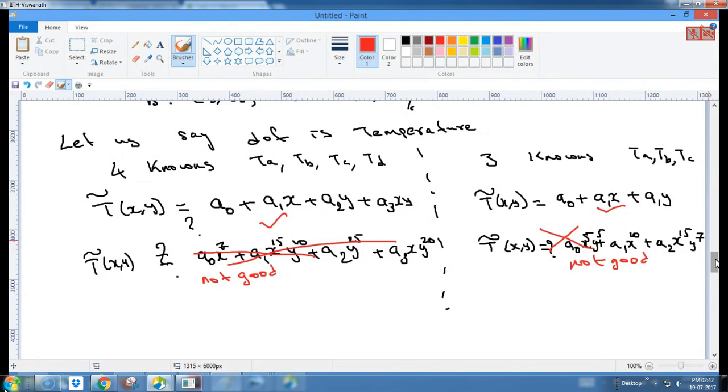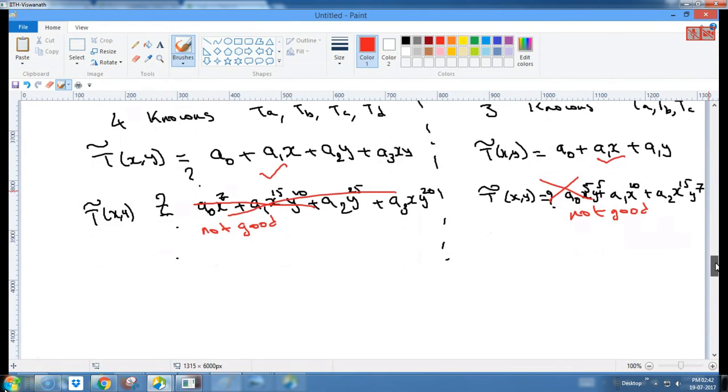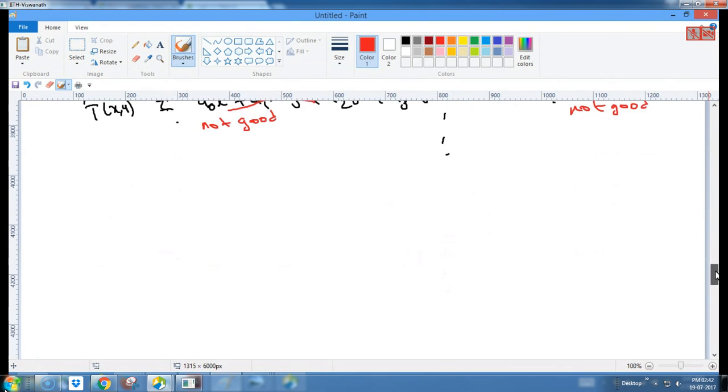To make such a polynomial approximation, I would request you to recollect something called Pascal's triangle. Let me use Pascal's triangle. So let's write it as 1, this as x, this as y.